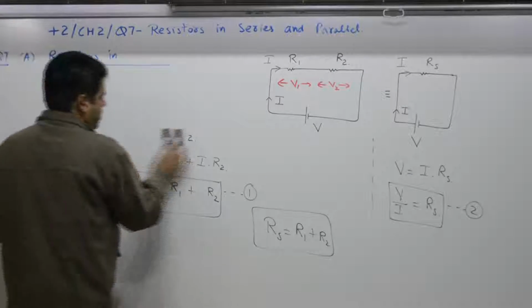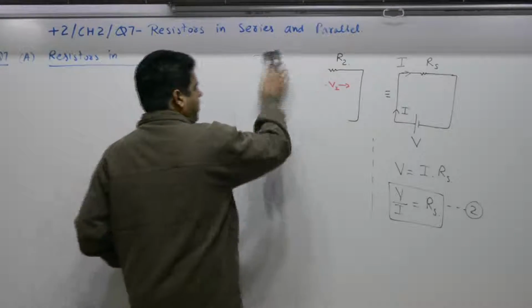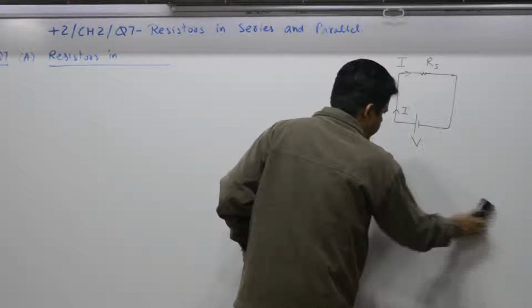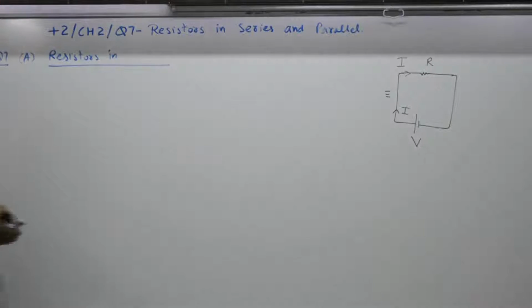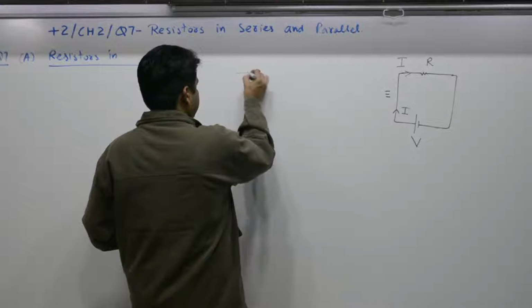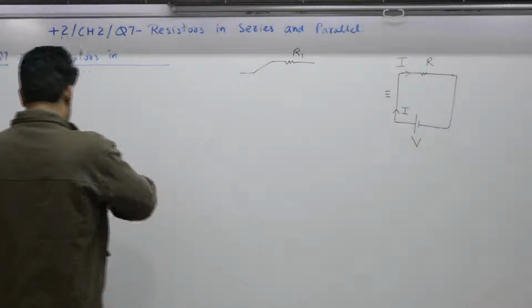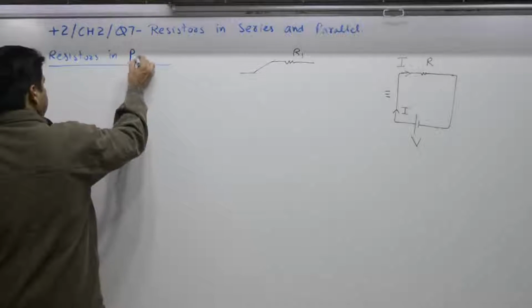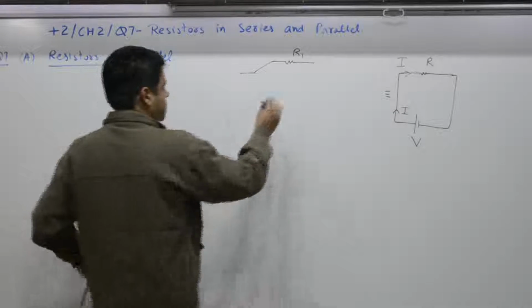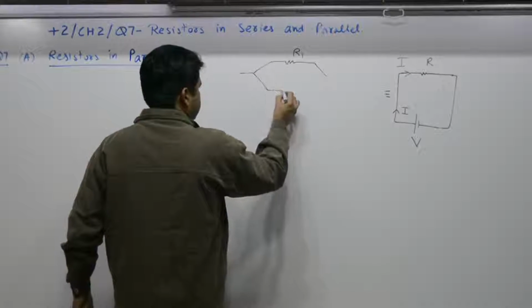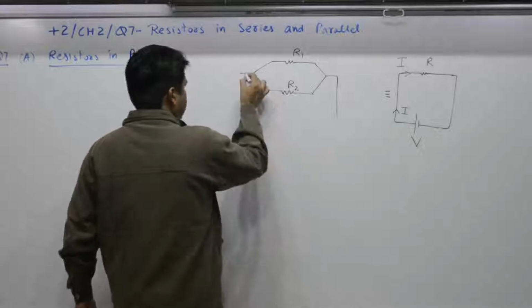Resistors in parallel. Let there be two resistors connected in parallel. One is resistance R1, the other one is R2, connected in parallel.